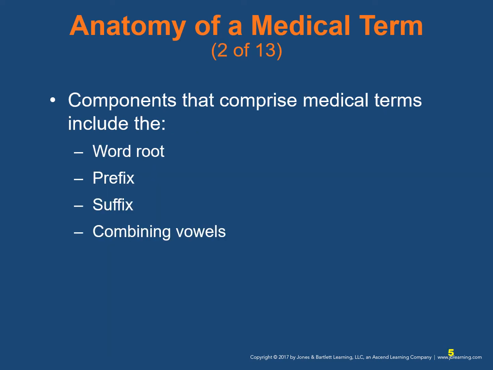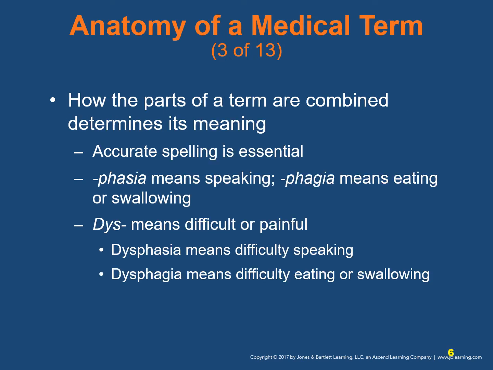Components that comprise medical terms include the word root, which is the foundation of the word; the prefix, which occurs before the word root; the suffix, which occurs after the word root; and the combining vowels that join one or more word roots to other components of a term. How the parts of a term are combined determines its meaning.